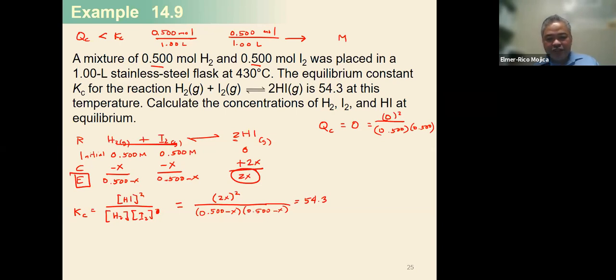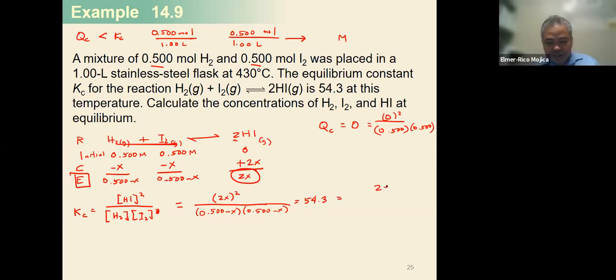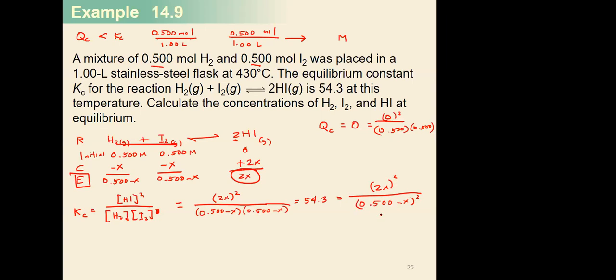So how do we set this up? So this is what? 54.3, you have 2x squared. And you have here, if we're not mistaken, can we express this like this one? Yes. Because they're just the same, 0.5 minus x.